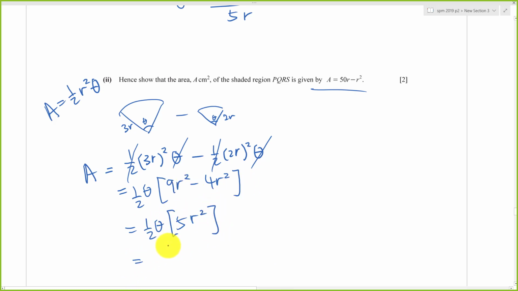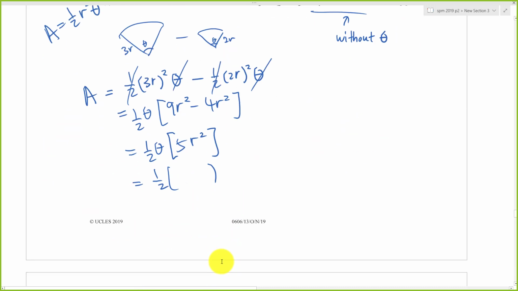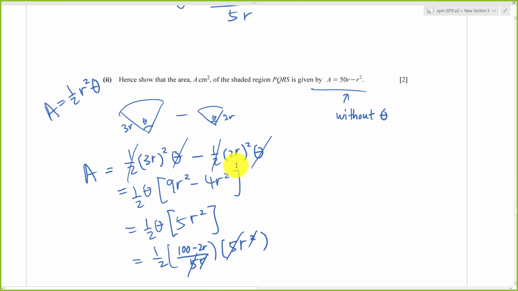And what's my theta? Because here you realize this equation is without theta, isn't it? So that means I need to sub in my theta from the answer of part 1, which is (100 minus 2R) over 5R. Multiply by 5R squared. The 5 and 5 simplify, R and R squared simplify, and then I multiply the R in to get something like that.